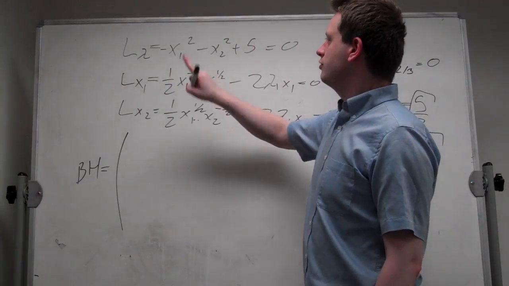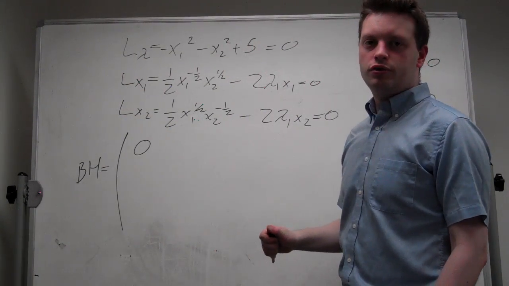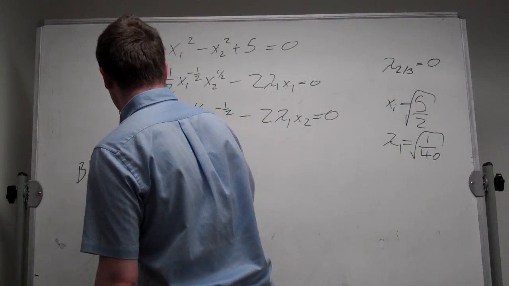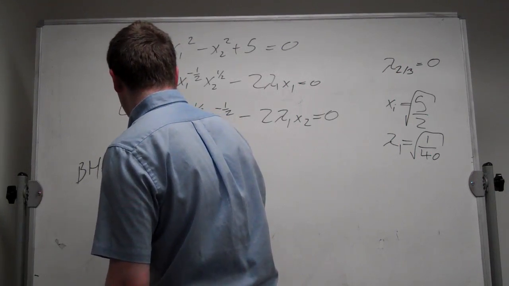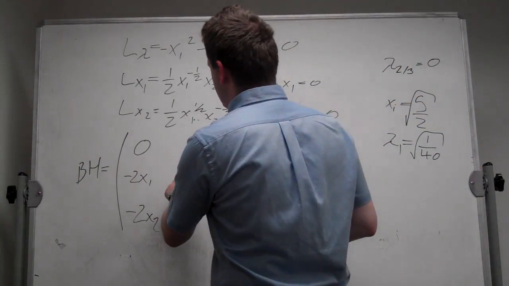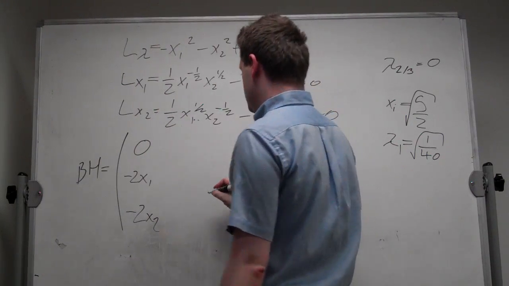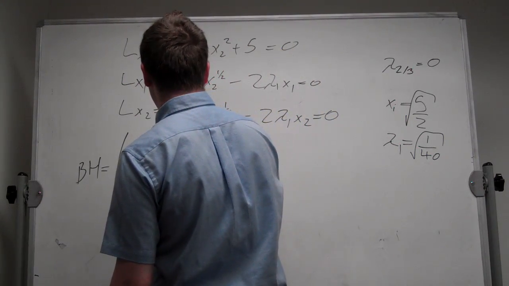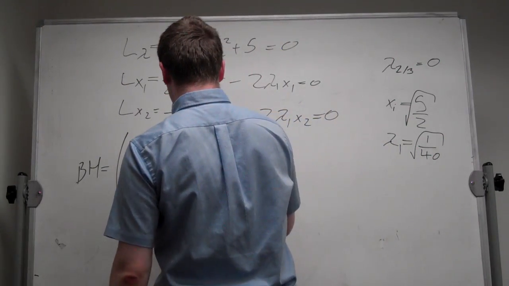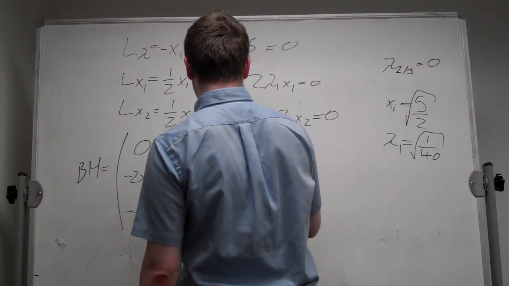If we take the derivative of this with respect to lambda, we get obviously 0. If we take the derivative of this with respect to x1, we get minus 2x1. Then we get minus 2x2 for the last one. Now let's start with this middle term, which is the most complicated one. What we get in here is 1 over 4 with a minus sign, since it's minus 1 half, times x1 to the minus 3 halves, x2 to the 1 half.